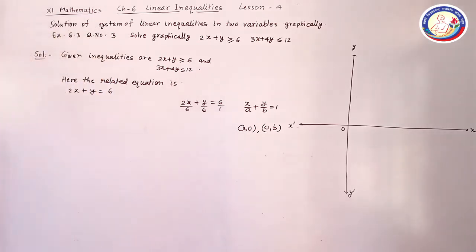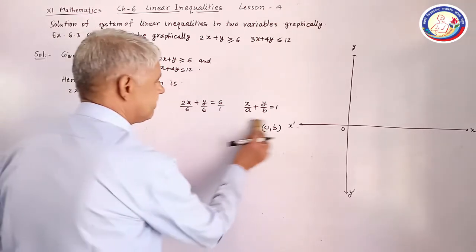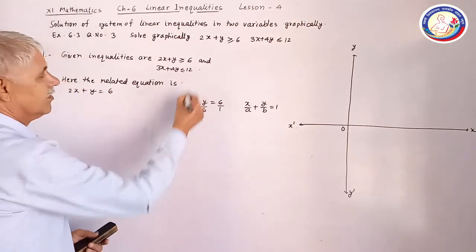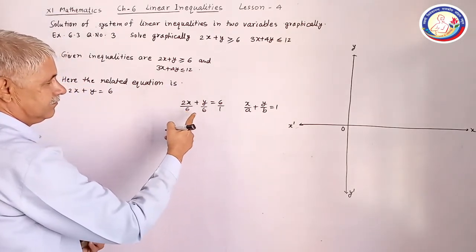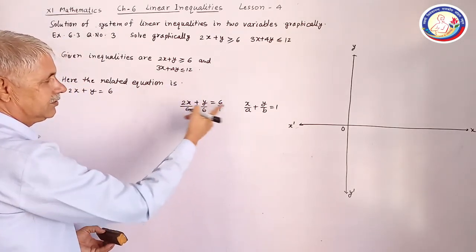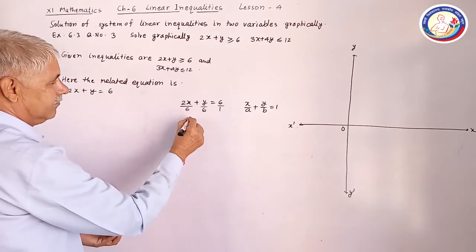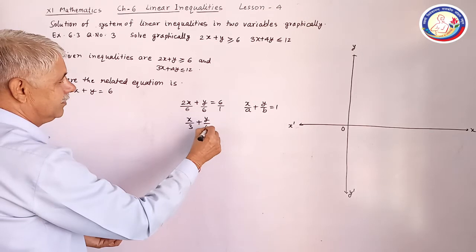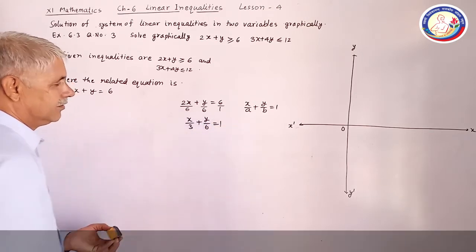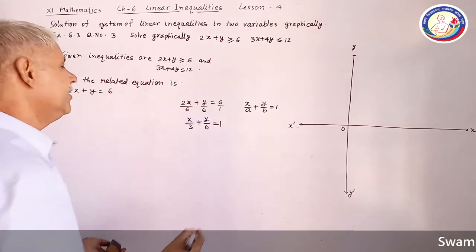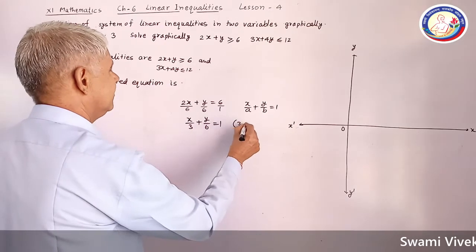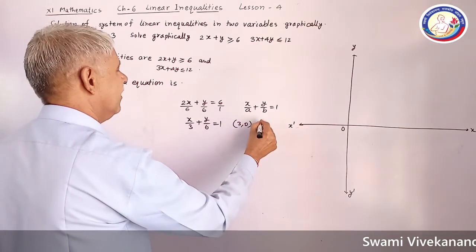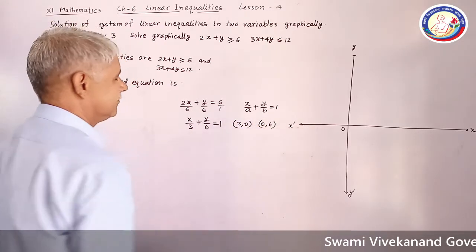Here the points will be found from this equation. This will be x by 3 plus y by 6 equal to 1. So the points of intersection will be (3, 0) on the x-axis and (0, 6) on the y-axis.